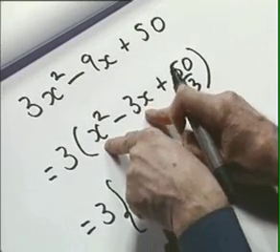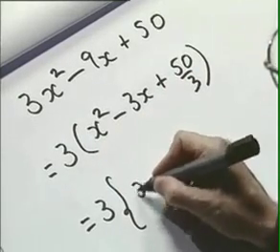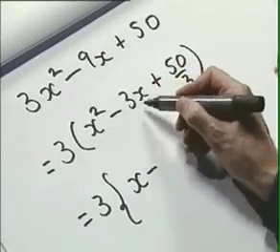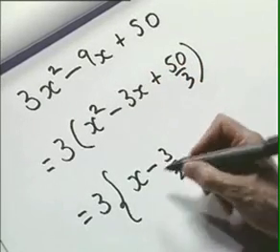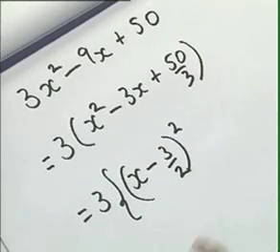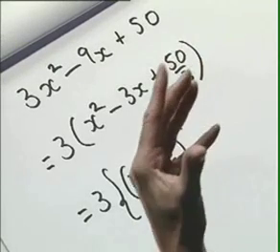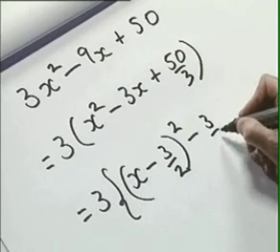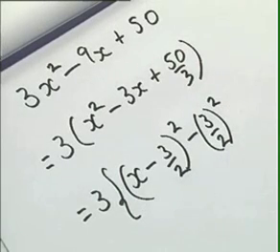I'm going to complete the square around this, so this is going to be x minus, look at the coefficient of x and take half of it, 3 over 2, all squared. By doing that, we've added on an additional a squared, so we need to take that off, 3 over 2 squared.